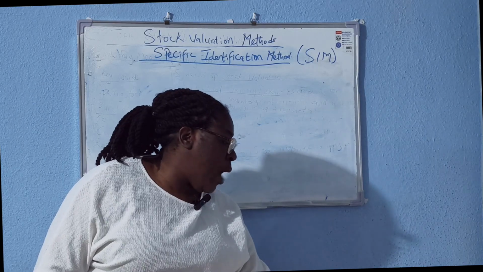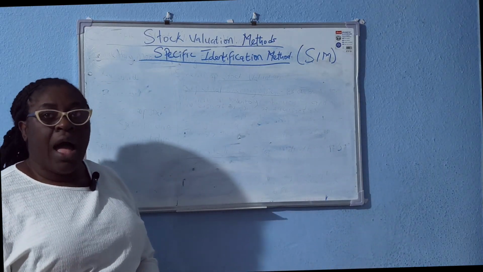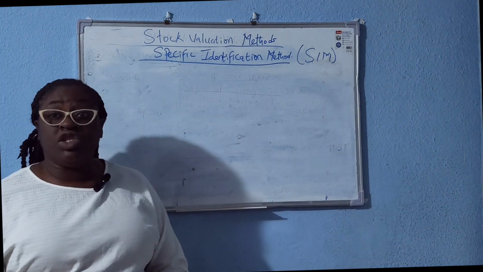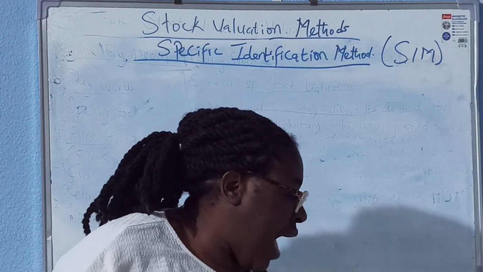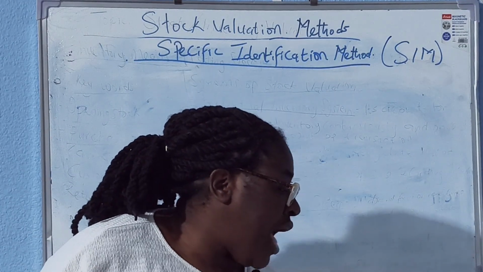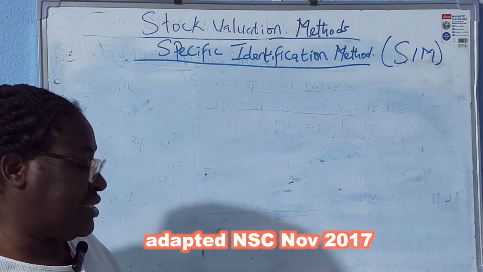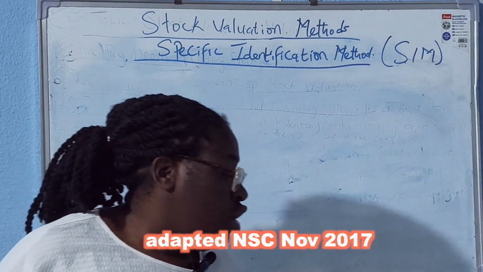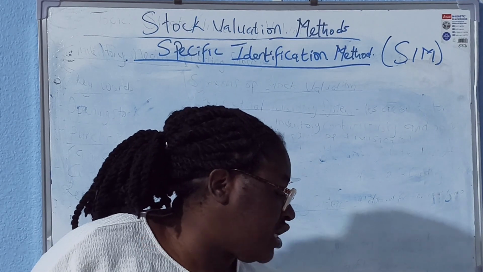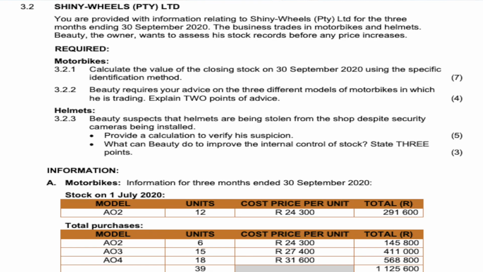So basically, I want us to look at an example of calculating the closing stock using the specific identification method. I'm going to be looking at an example adapted from NSC November 2017, Shine Wheel Pty Ltd. You are provided with information relating to Shine Wheel Pty Ltd for the 3 months ending 30 September 2020.